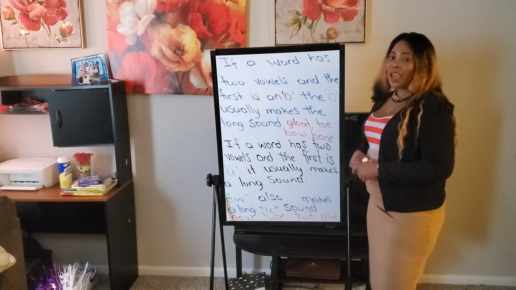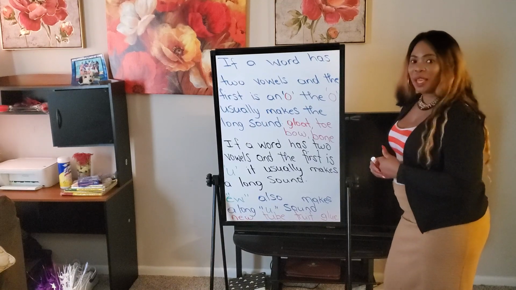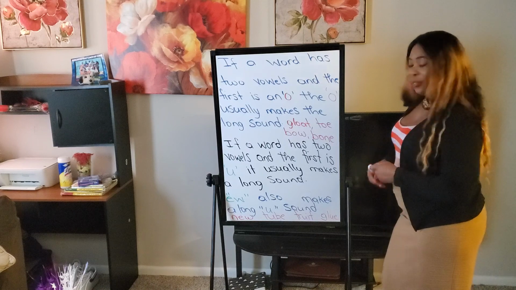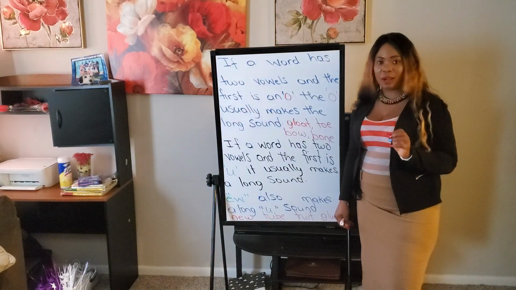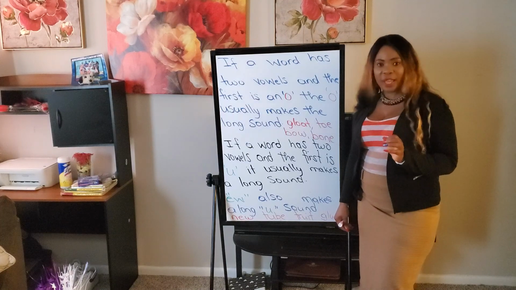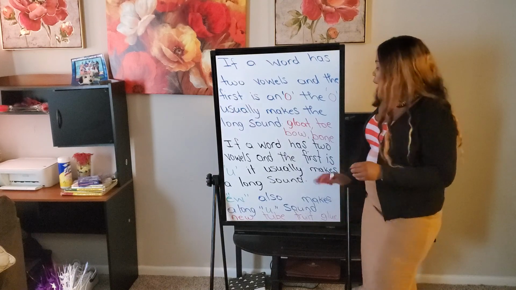So remember, if it has two vowels and the first one is U, it's going to make a long U sound. All right? Now though, there is something interesting for you to note, and I don't want you to ever forget this. Please don't forget this. Promise me? All right, good.